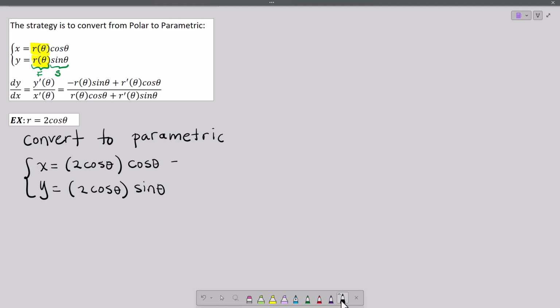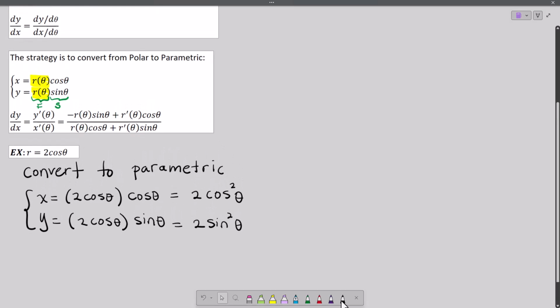So if we simplify this, we'll have 2 cosine squared of theta and 2 sine squared of theta. Now, we come back up here, the numerator is y's derivative as a function of theta, the denominator is x's derivative as a function of theta. You can call it y prime or dy d theta, whatever you want to say.